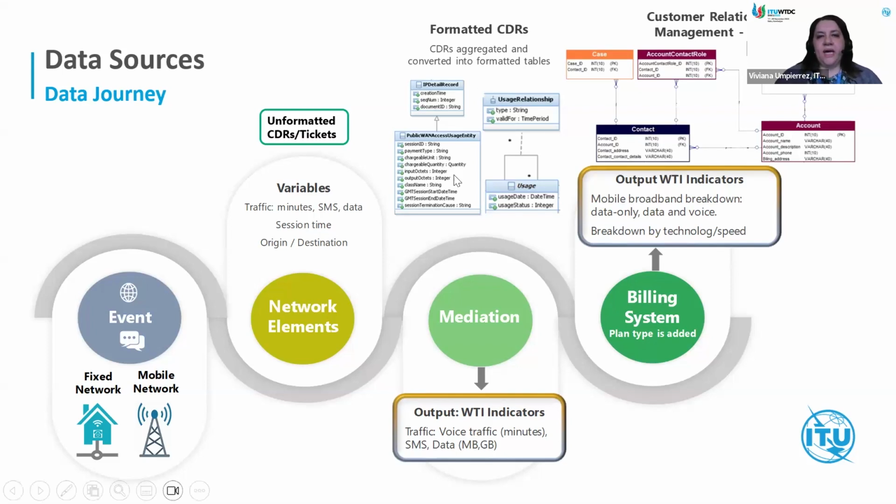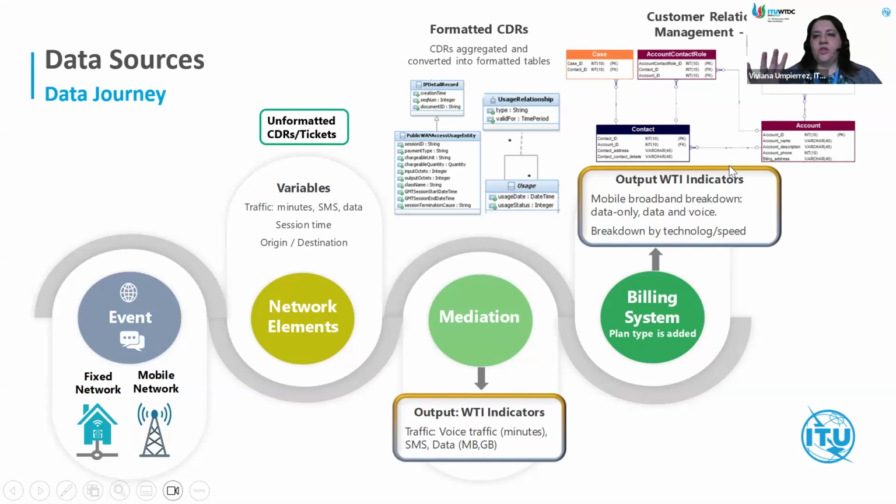For example, the information related to what we do, in general in terms of traffic, minutes, SMS that we send, or the data that we traffic, origin and destination of the communications, can be combined with the CRM, the customer relationship management system that every operator has. It has different tables with, for example, client information: the name, address, the commercial plan, the discount, the description of the plan that you have. After the operator merges these two pieces of information, okay, this plan, Viviana's plan, has this amount of minutes of traffic this month, so we are going to invoice her for what she used.